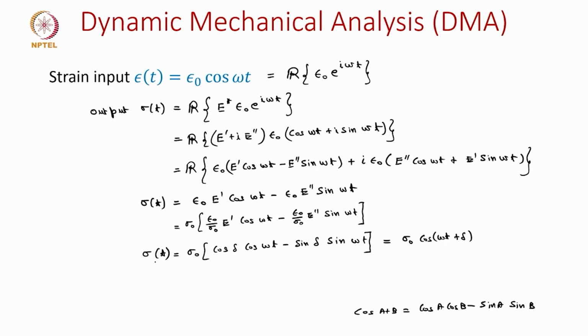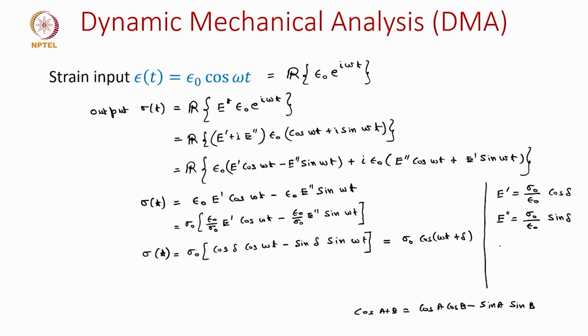But now let us see what is E dash in terms of delta. So, according to this expression, we should be able to write this E dash is sigma naught by epsilon naught times cos delta. And what is E double dash? Again sigma naught by epsilon naught times sin delta.